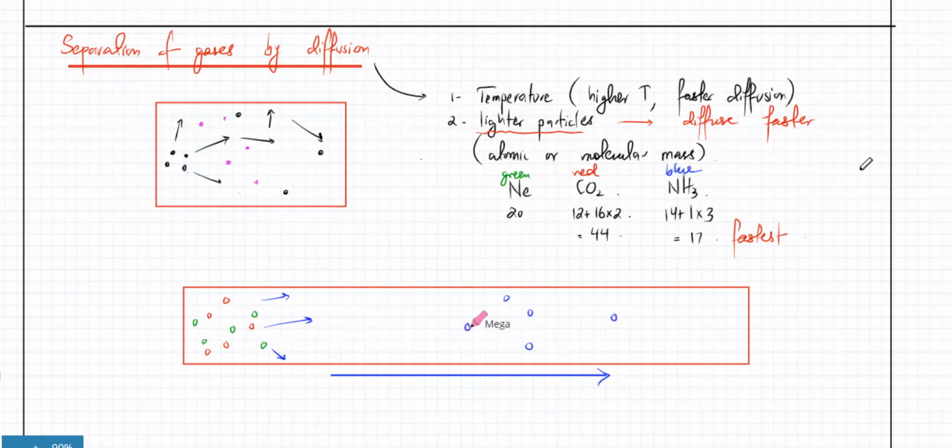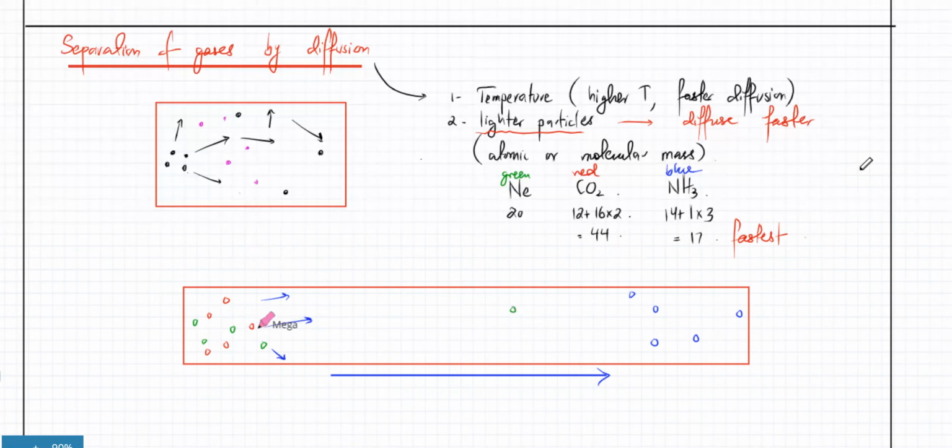So you can collect them first. All these particles reach this end before the other particles. The second fastest would probably be neon. The neon gas particles, neon was green, would also be bumping with the walls of the container.